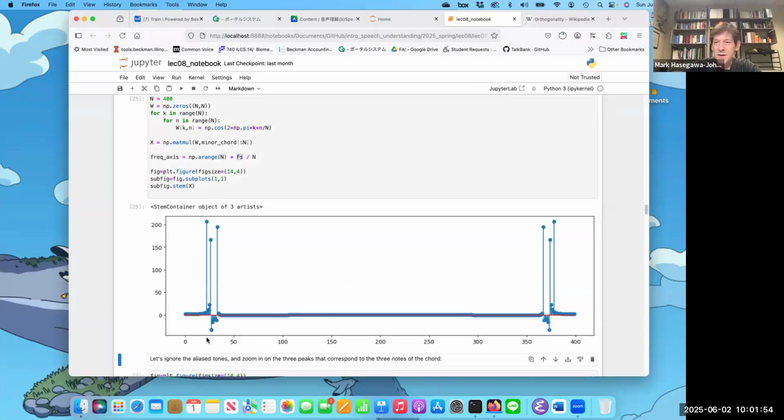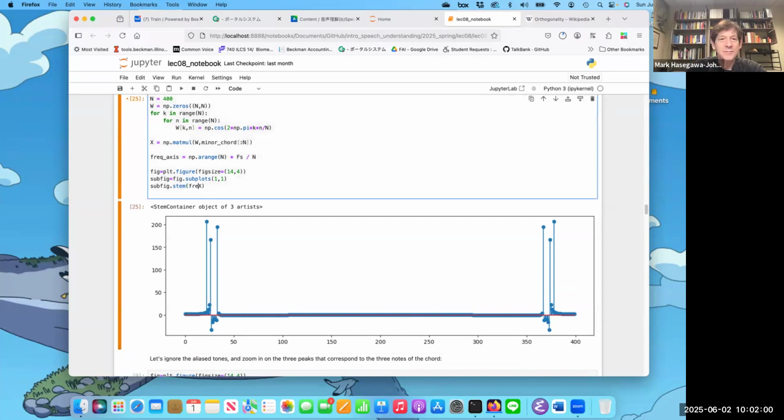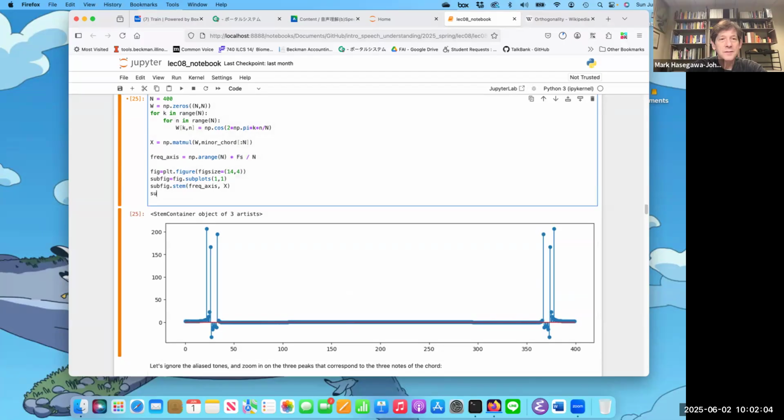I need to plot the frequency axis here. Now I think I'm going to be getting the answer in hertz. Let's see if that makes sense.